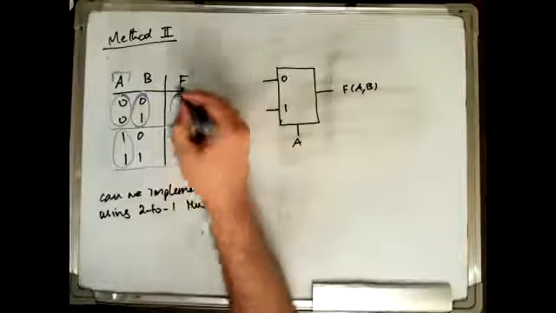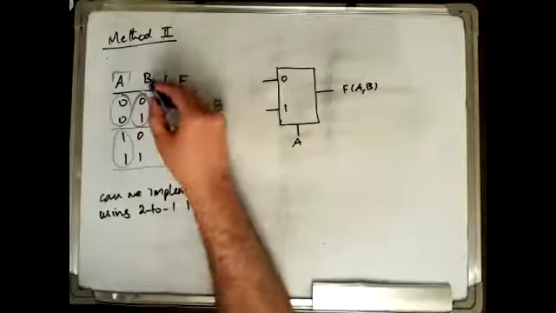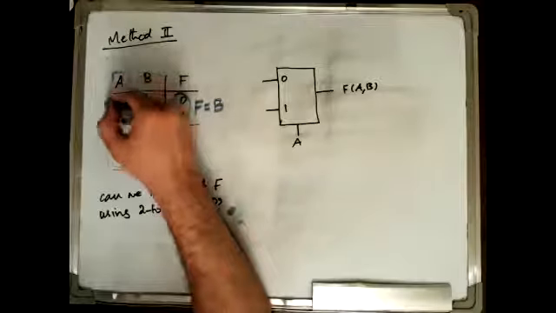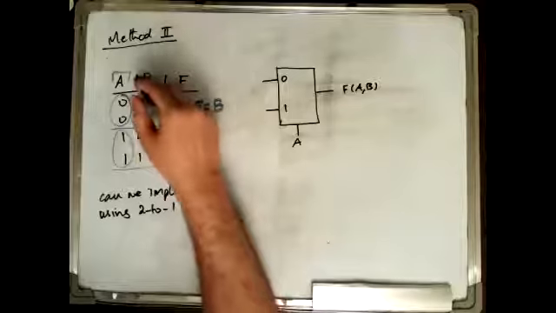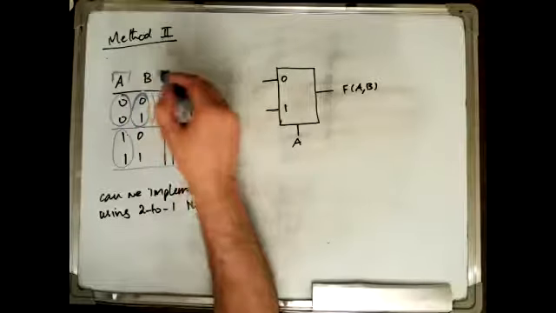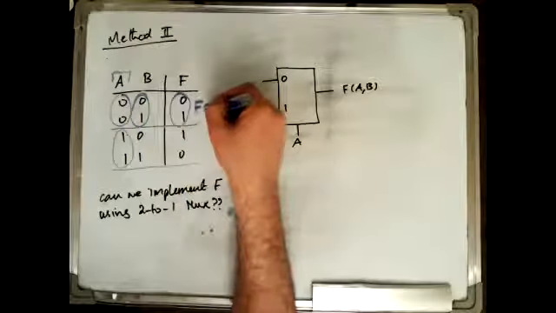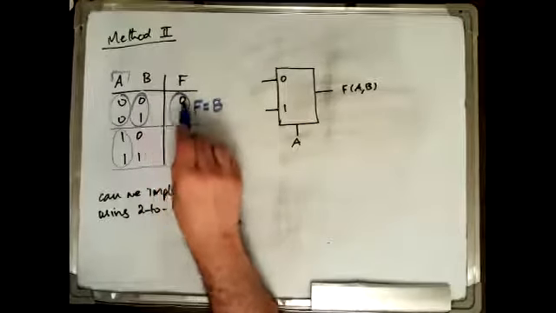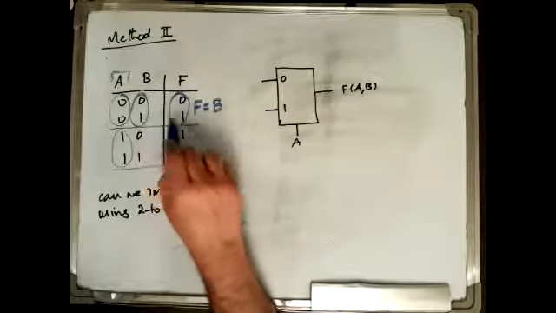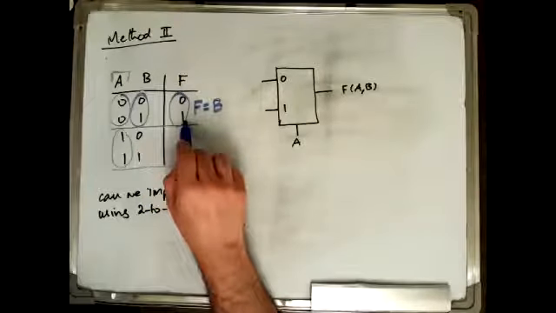I'm trying to express F in terms of the remaining variables. I used A to split the table into 2 sections, and then I used the remaining variable to express the function in terms of it. So here, if B is 0, then F is 0. If B is 1, then F is 1.